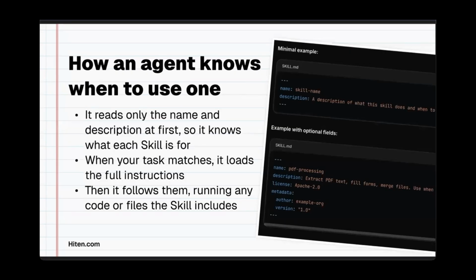So a lot of this has to do with how you describe the skill. There are some other, more advanced variables, but I just wanted to give a quick summary of what a skill is and how it works without getting super deep in the weeds, although you can see some of the weeds here with these optional fields. But the short story is, when a skill is formatted right, it works correctly.